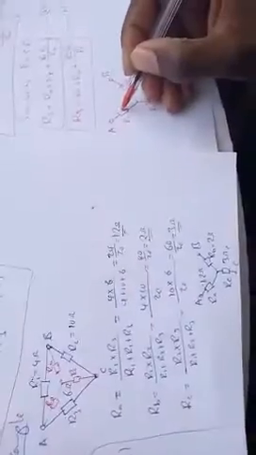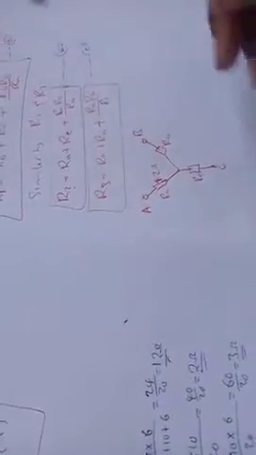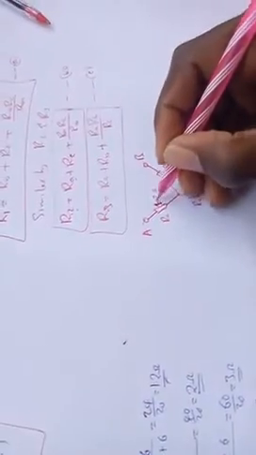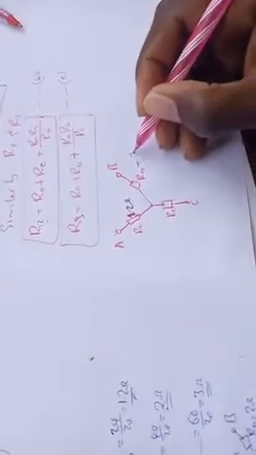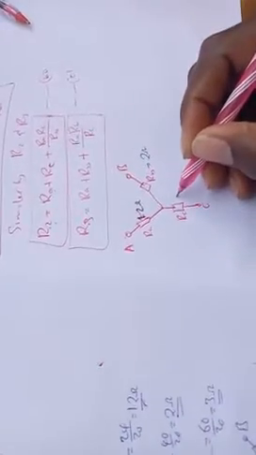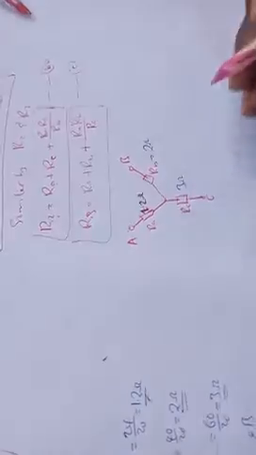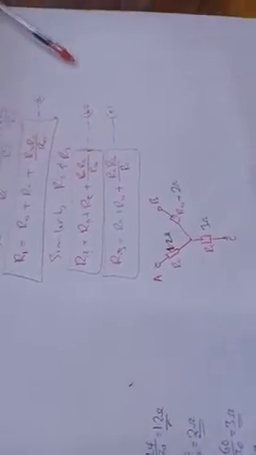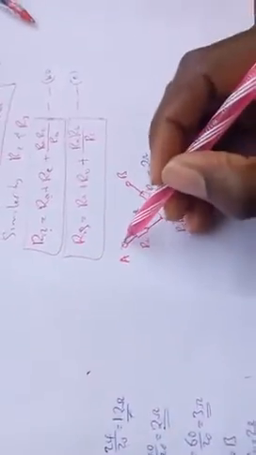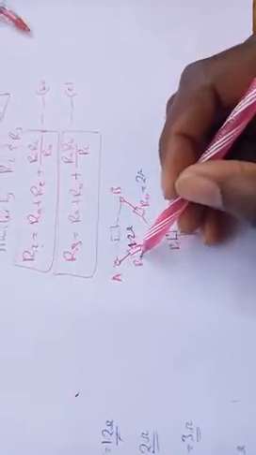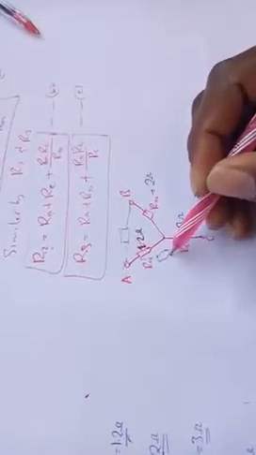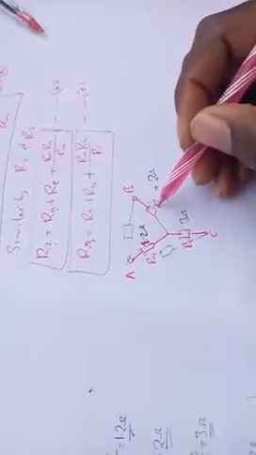RA is 1.2 ohms. RB is 2 ohms. RC is 3 ohms. So we're supposed to convert to a delta. So I'll do a simple delta to show you. Then do that.